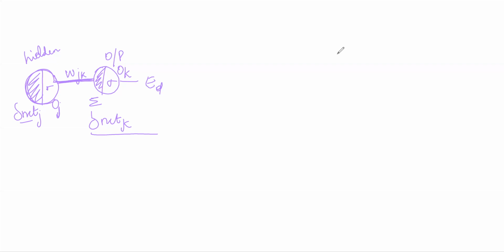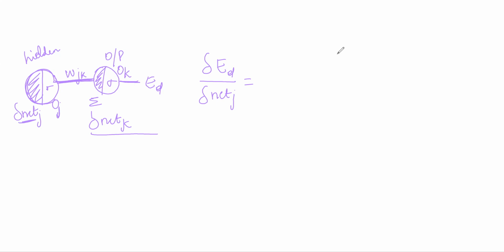Okay, if we can go ahead now, what I'll write is delta ED divided by delta net J. Why delta net J? Because I want it from here to here. This will be the same for any number of layers that you have.